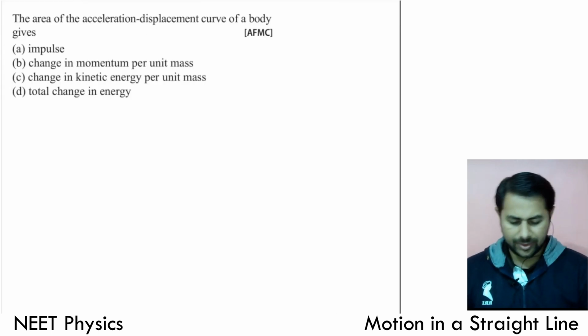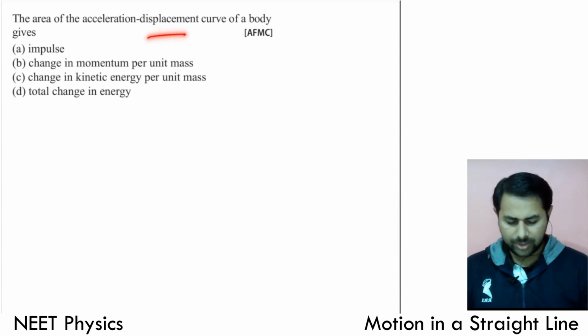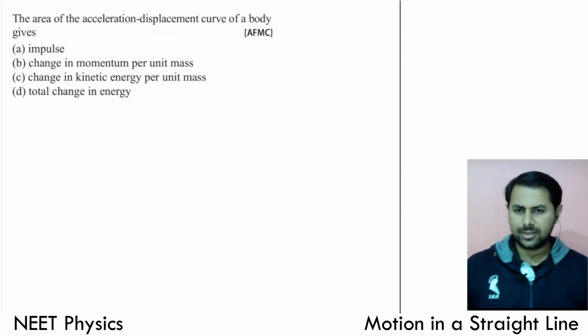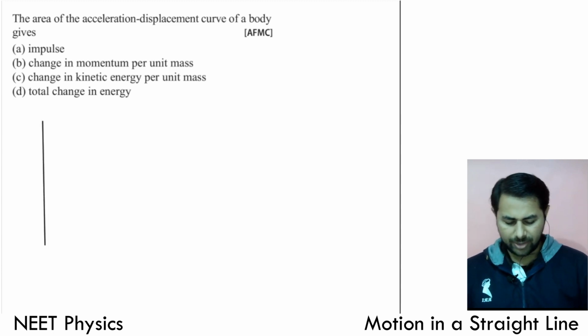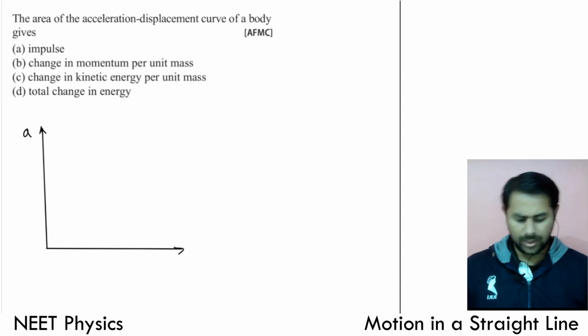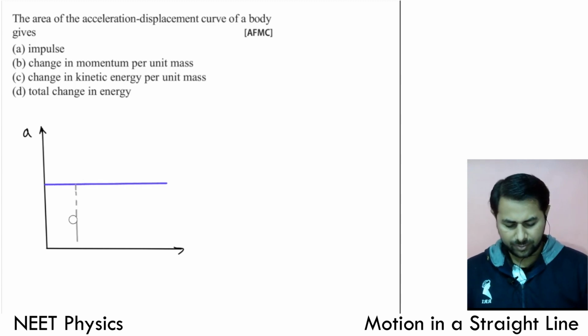The area of the acceleration displacement curve of a body gives. So now can you think about this one? Area of acceleration displacement curve. On one axis, what is plotted? Acceleration is plotted, and on another axis, displacement is plotted. Let's say for simplicity, acceleration is constant.